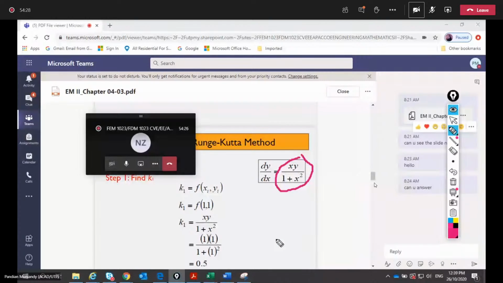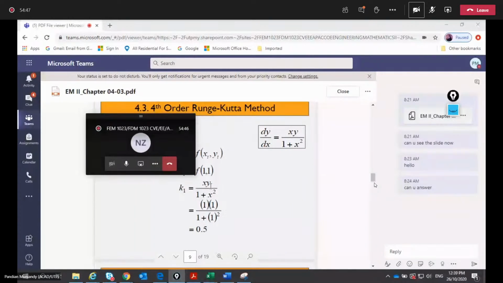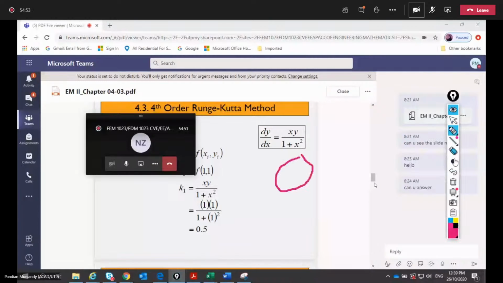This is what we call the initial value problem, or initial condition. So substitute and see what happens: xy over 1 plus x squared. You just have to calculate 1 multiplied by 1, over 1 plus 1 squared. So this equals 1 over 2.